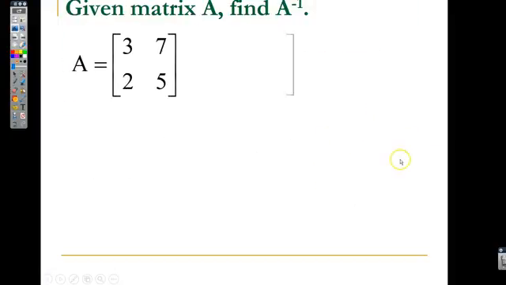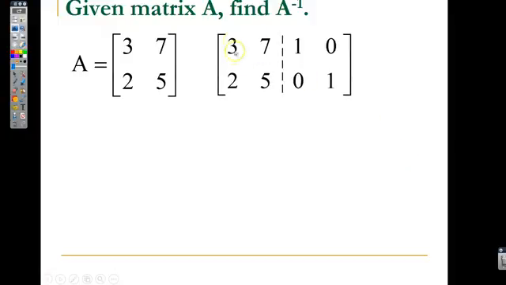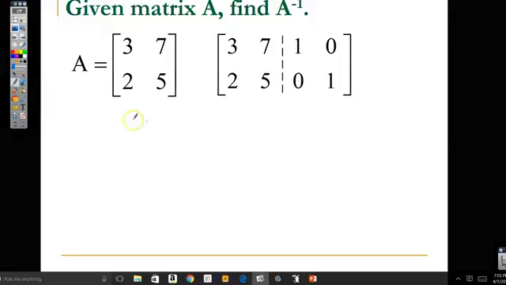So there's matrix A, and if we put it on one side and the identity on the other, our goal is to get the flip-flop. I'm going to show you by hand, and then you can watch it by the equations. So we need to get this to a 1, this to a 1, this to a 0, and this to a 0.